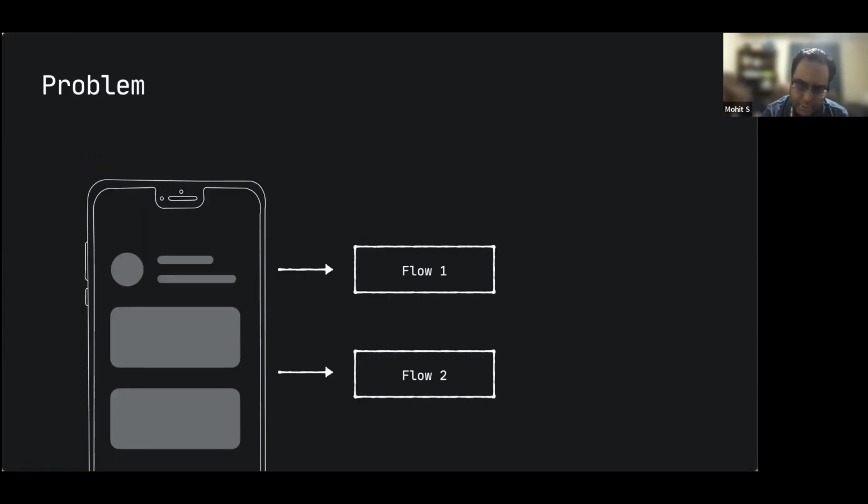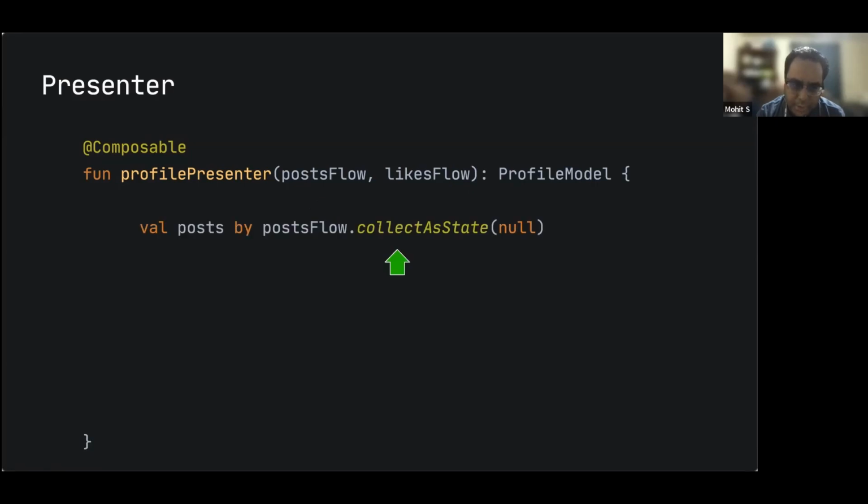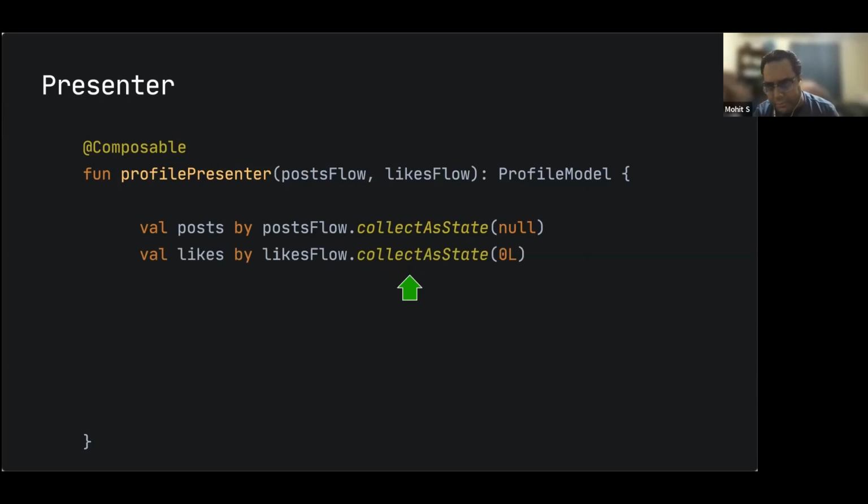What it's going to take in are both of these streams of data. For example, if you're working on a social media app, it might be displaying a list, and you're reading from a flow which gives you posts or the number of likes that you have for your content. So you read from this flow using collectAsState. You have your logic for your default values, if it's null, or the default value of 0, for example, for your likes.